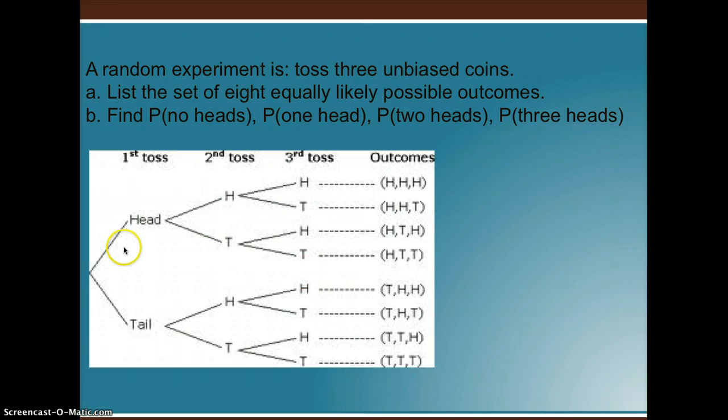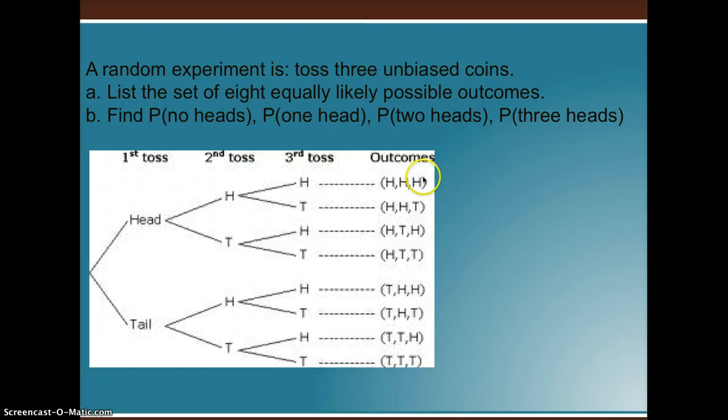So to list the outcomes, you can go head, head, head; head, head, tail; head, tail, head; head, tail, tail; tail, head, head; tail, head, tail; tail, tail, head; tail, tail, tail. Okay, so these are all your possible outcomes, and this should be the solution for A.